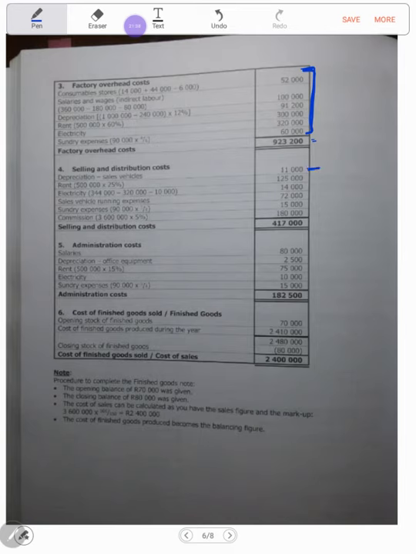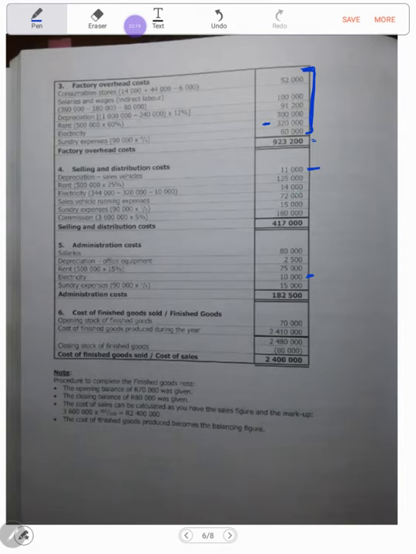The rent, remember we took the total amount of 500,000 and we're multiplying it by the 25% floor space. Electricity, the total amount was 344,000. You are subtracting the 320,000 that was used for our factory overheads, and we're also subtracting the electricity that was used for the administration department, which is over here, in order to get the electricity that is used for the selling department, which is 14,000.